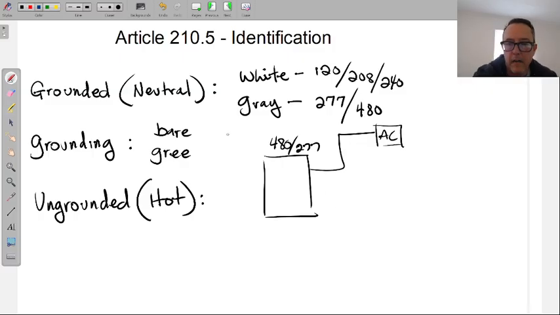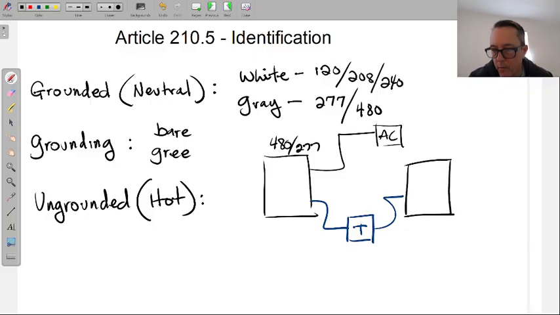And then you'll feed a transformer from that panel and come out to another, what we call a low voltage panel, 120, 208. And these will feed all of the outlets in the building and etc. So what does that mean? It means this building has 2 different style voltage systems.